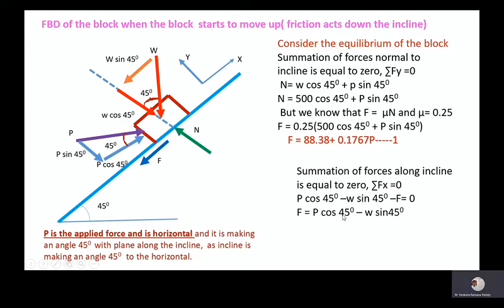Then F is equal to P cos 45 minus W sin 45. The W value is substituted here. Then F is equal to 0.7071 P minus 353.55. This is equation number 2. Now from equations 1 and 2, we'll solve and get the P value.